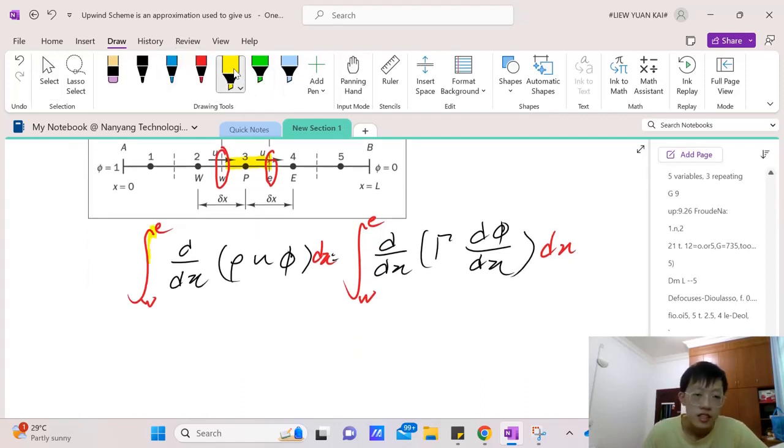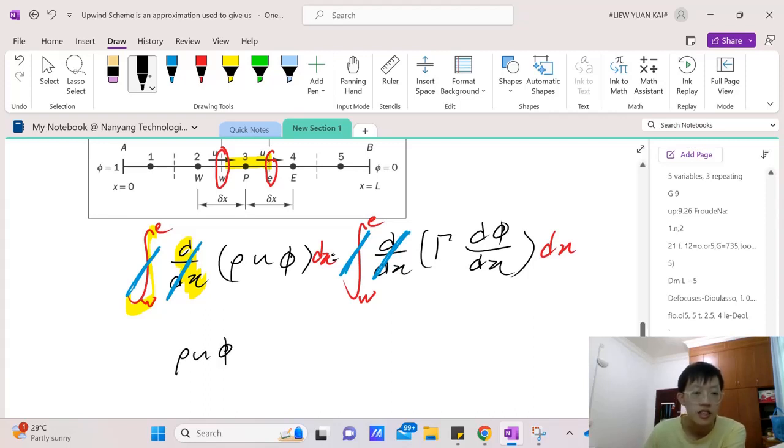Integration is the opposite of differentiation, so the effects cancel out. If I see an integration and a differentiation, poof, they cancel. This cancels with this, and the same on this side. So what we're left with is the inside term only. Just copy that down.